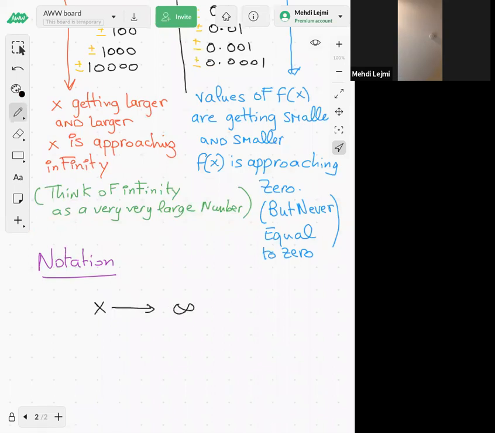The arrow here means that x approaches infinity. When I say x approaches infinity, it means that x is getting larger and larger, as large as you want. Here it can be either positive or negative infinity, it doesn't matter. So x arrow plus or minus infinity means that x is getting larger and larger.